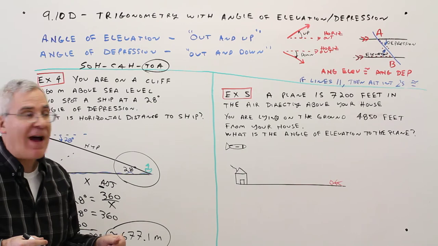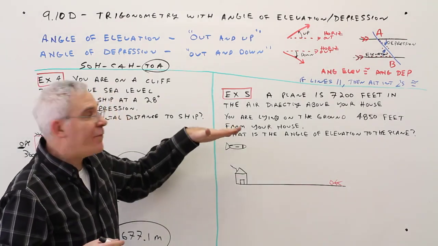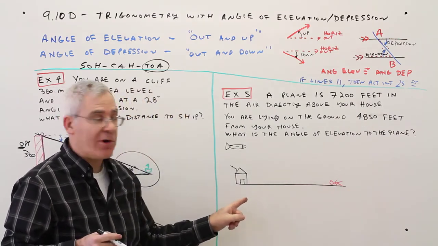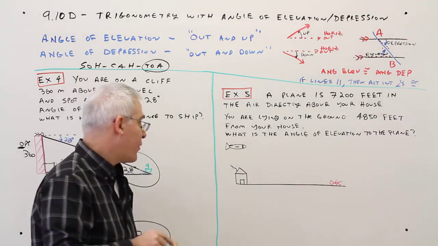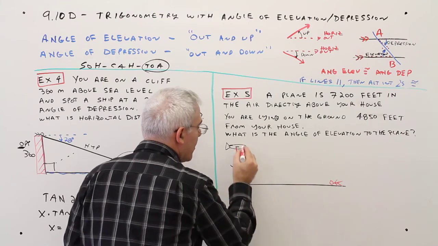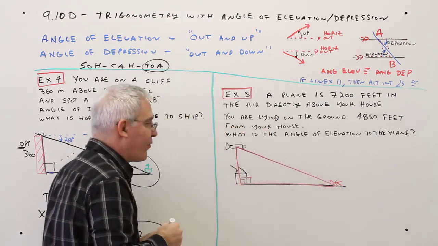Okay, example 5. A plane is 7,200 feet in the air directly above your house. You are lying on the ground 50 feet from your house. What is the angle of elevation to the plane? Okay, so again, we're going to draw a line of sight and construct a right triangle.